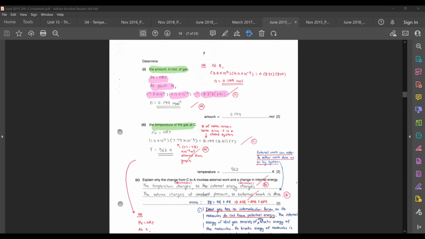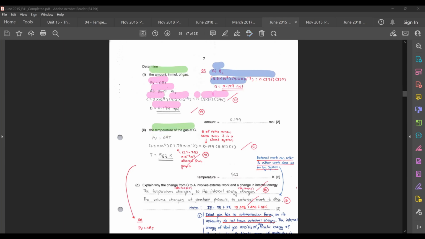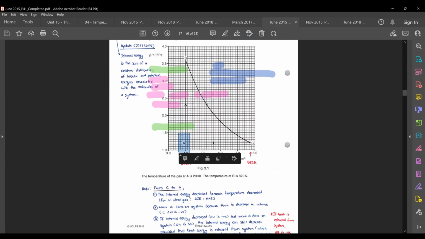You will get your number of moles as 0.199 moles. You can likewise apply it for point B and get the same answer. It doesn't matter which one you use. You have the complete information for point A as well as for point B. Okay?